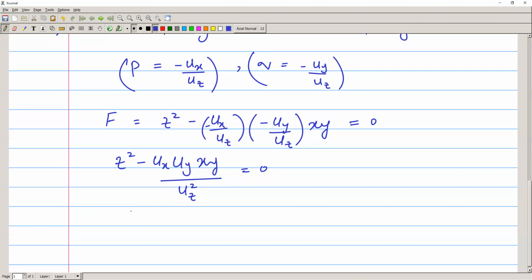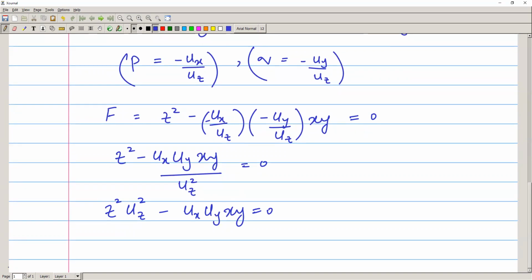So now we can write it as uz squared z squared minus ux uy xy equals 0.